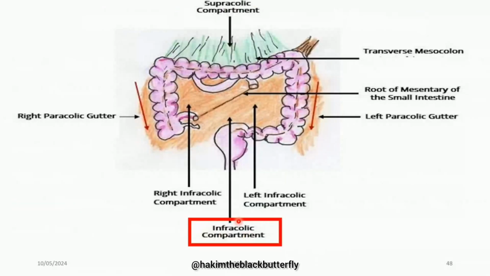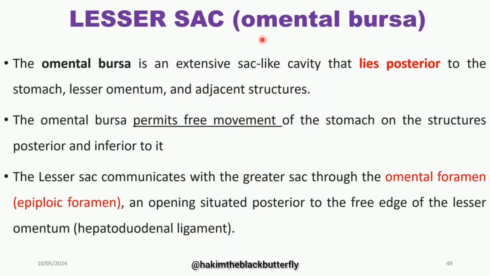And these two were subdivisions of the greater sac. Now the lesser sac, we also called it the omental bursa, and we said it's going to be lying posterior to the stomach and the lesser omentum. It's going to allow some degree of movement of the stomach.